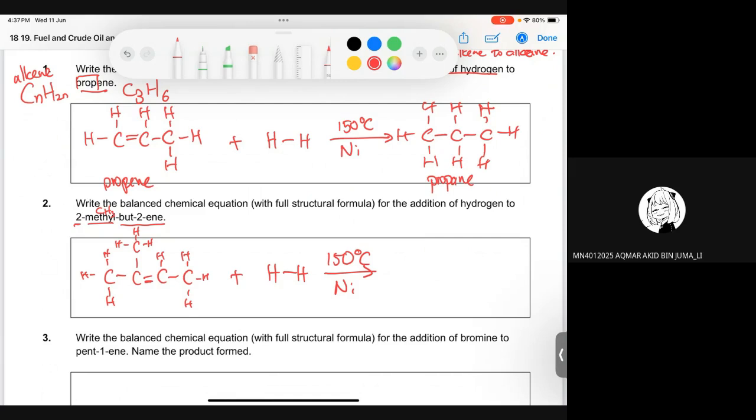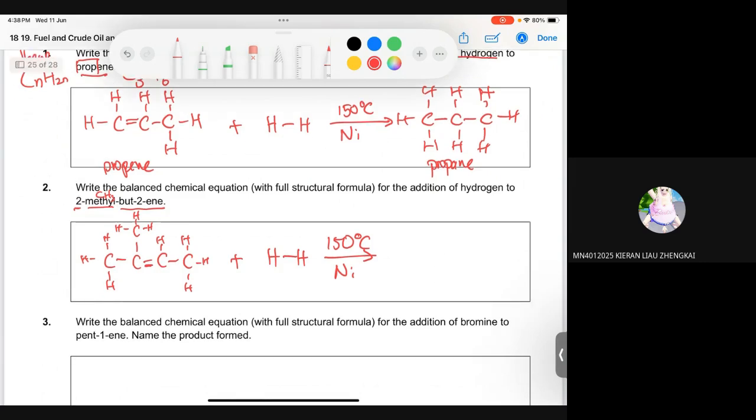Just now you could talk, so I know you can talk. Hey Kieran, don't bluff. Don't say you cannot talk. Aiyo, Kieran. Yeah, what's the product that will be formed? How to do this?